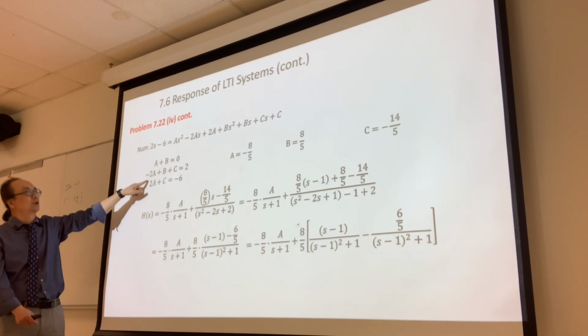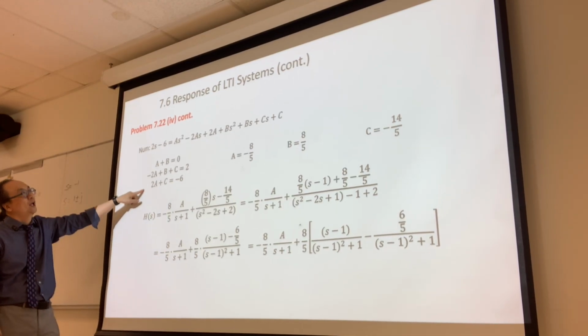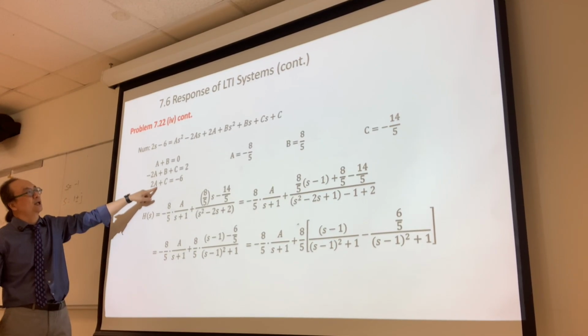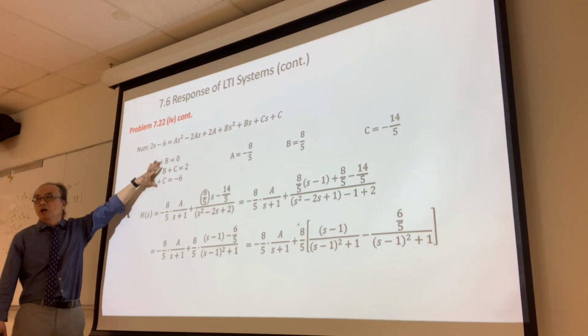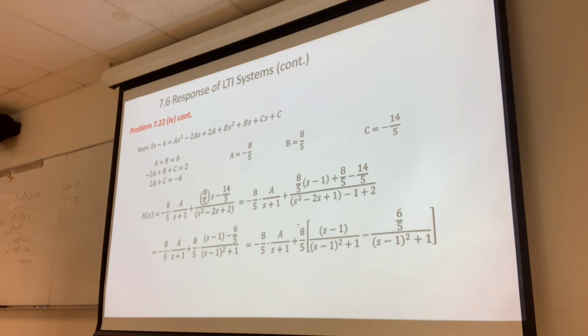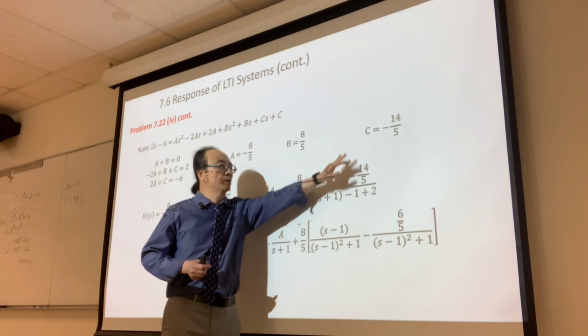So the coefficient for those, -2a plus b plus c, has to be 2. And then the constant, 2a plus c equals -6. So now we have 3 equations and 3 unknowns. Type into the simultaneous solver in your calculator, and it's going to spit out a, b, and c.